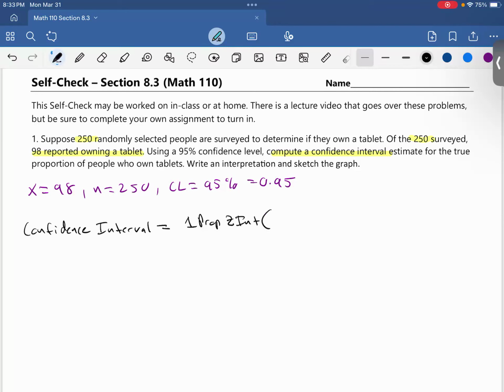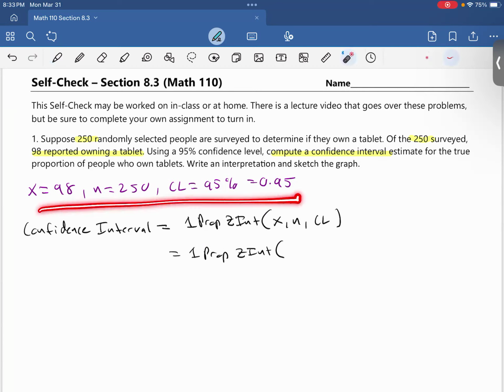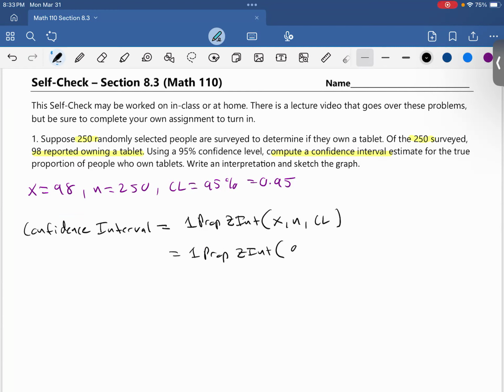And remember the parameters of one prop Z interval: that's going to be X, N, and confidence level. So let's input those values since we have them ready to use, which is the beneficial part of making sure you're writing everything that you're given. That way it's easier to just use your calculator. So this is going to be 98, 250, and 0.95.